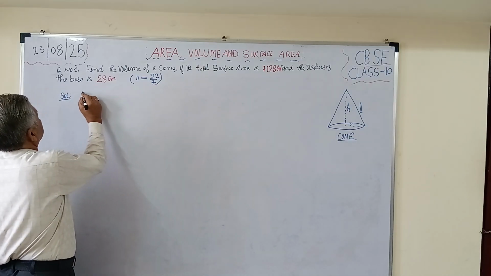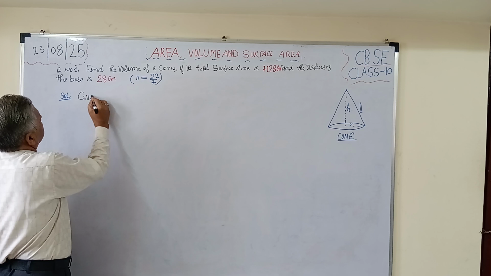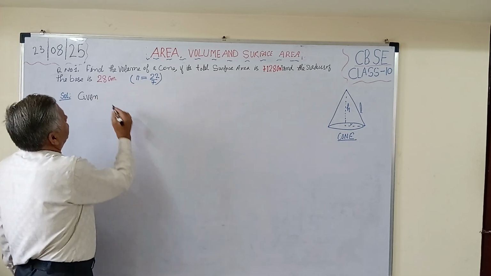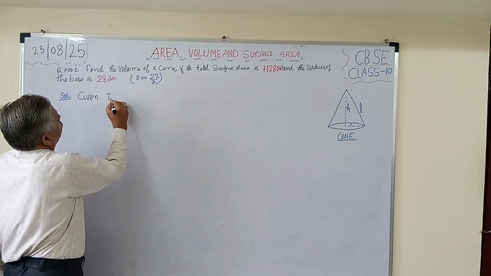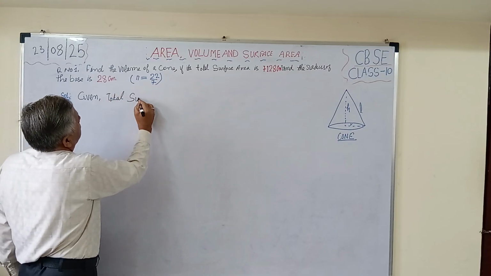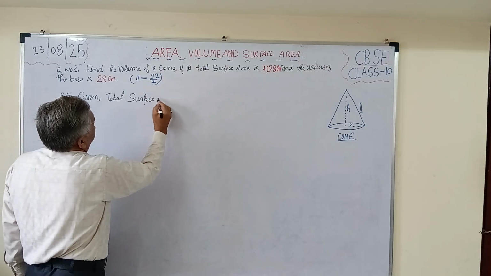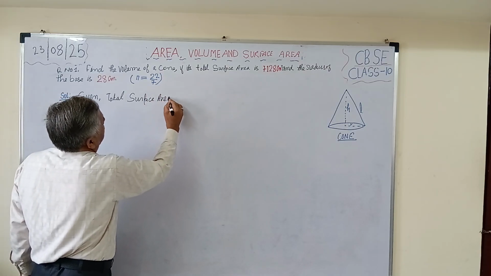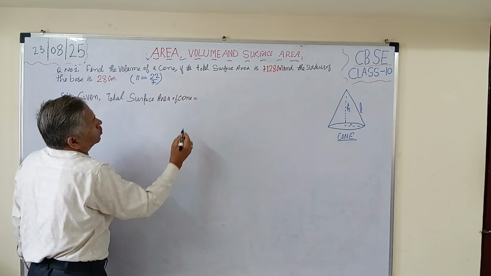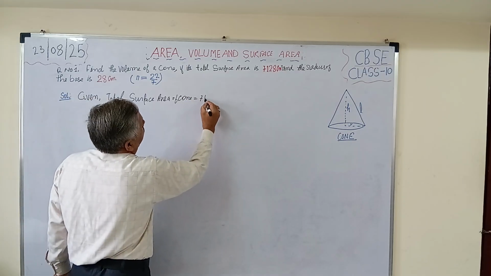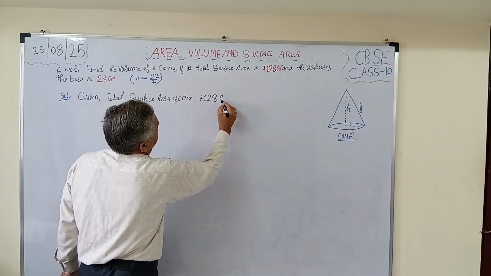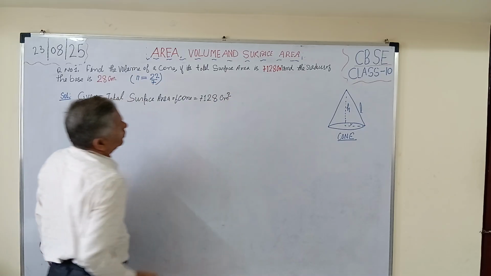Given: total surface area of cone equals 7128 centimeter square.